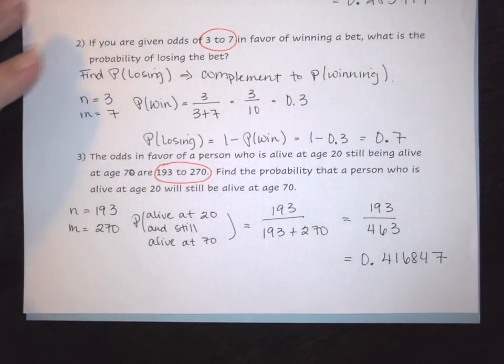So there you have it, 3 very different examples, all of which calculate the probability given the odds in favor of an event.